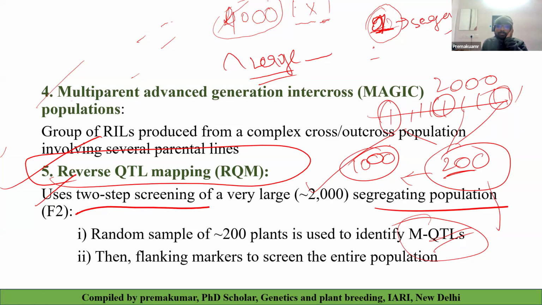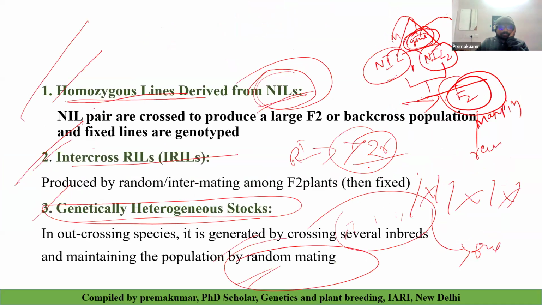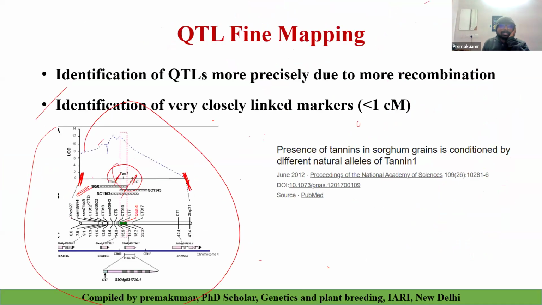Actually, after identifying the flanking marker using a 200 population with 1000 markers, just for example, I'm saying, with a small sample population and a large number of markers, you identify a flanking marker for a major QTL.